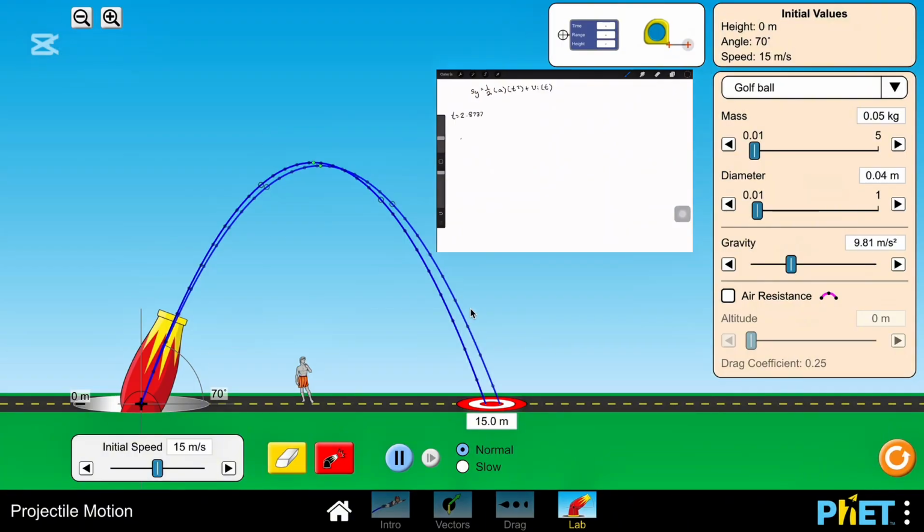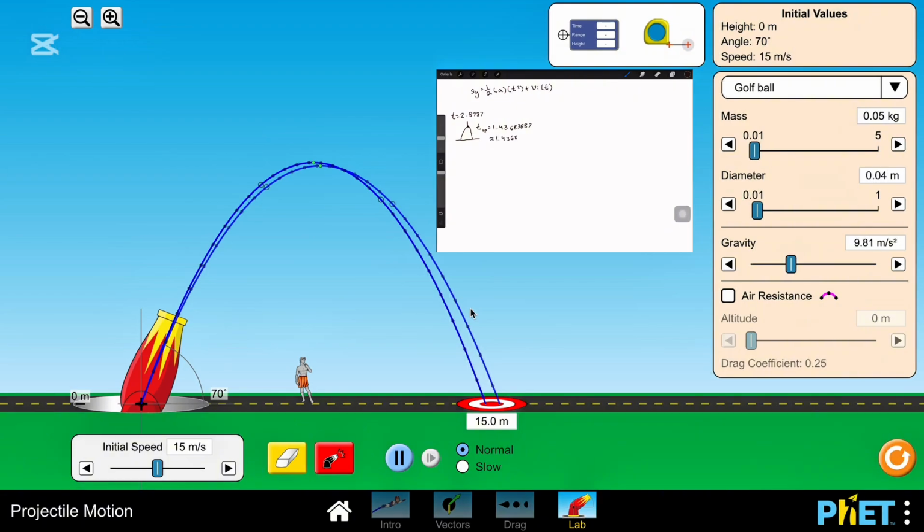Now, the time we'll need to reach the maximum height is exactly in the middle, which means that the time to reach the top is going to be half of the total time. So time up is equal to 1.43683887, approximately 1.4368.